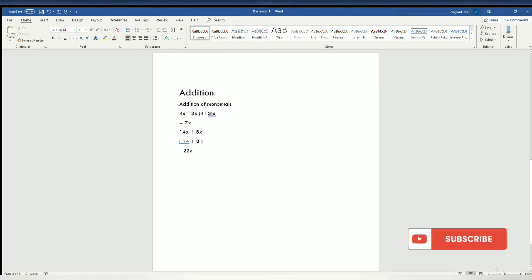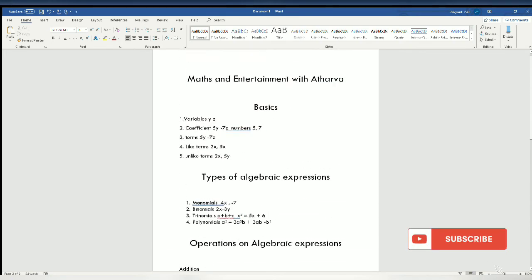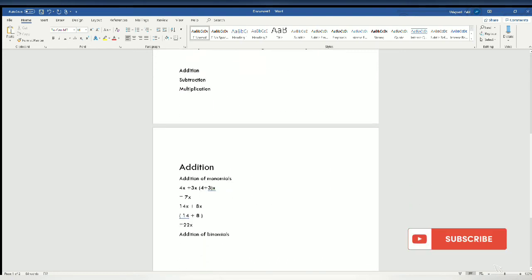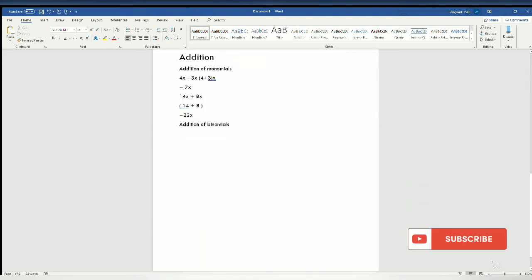Now we shall learn addition of binomials. In addition of binomials, we have 4 terms. So as I showed you here, binomials means 2 terms. So if you want to do addition or any operation between them, we shall need 2 more to do it.